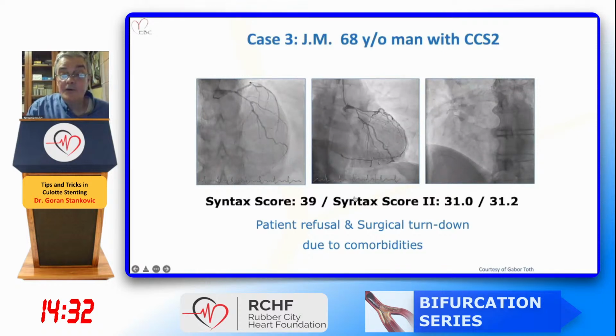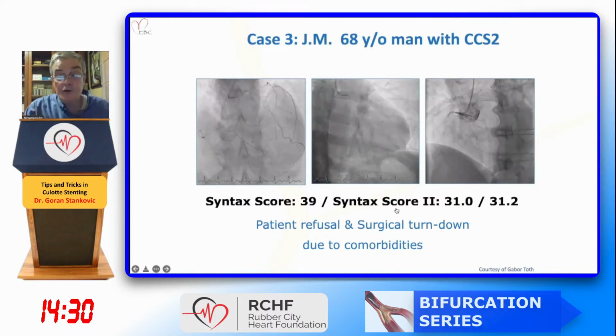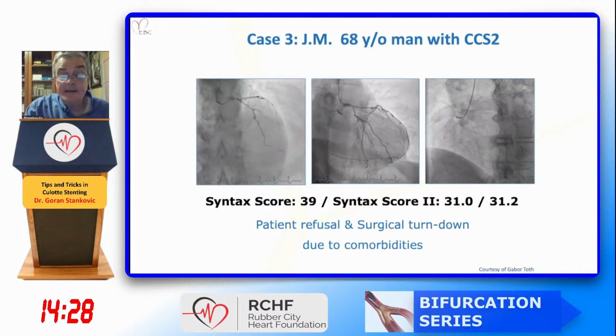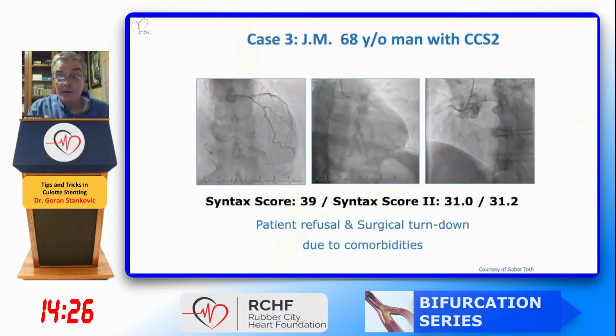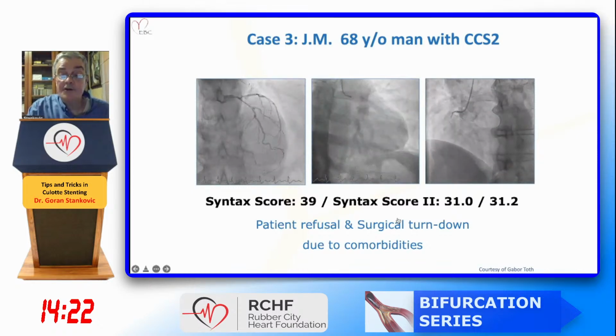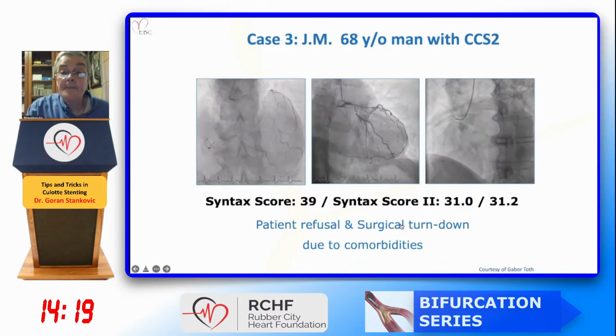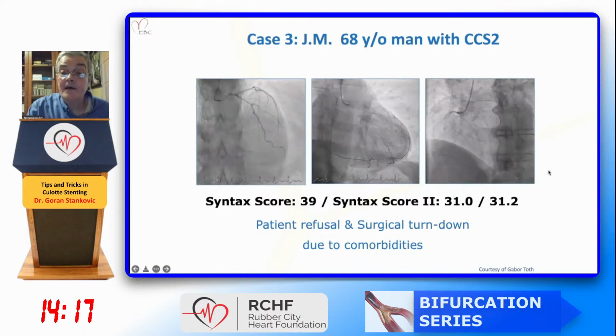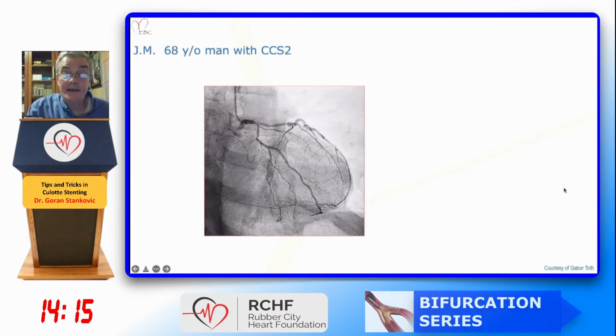So high SYNTAX score, the key is to show the steps, not the decision making, because the decision was surgery, but then because of patient refusal and surgical turn down, the patient was sent for plain PCI. And this is the distal main vessel, LAD, circumflex.